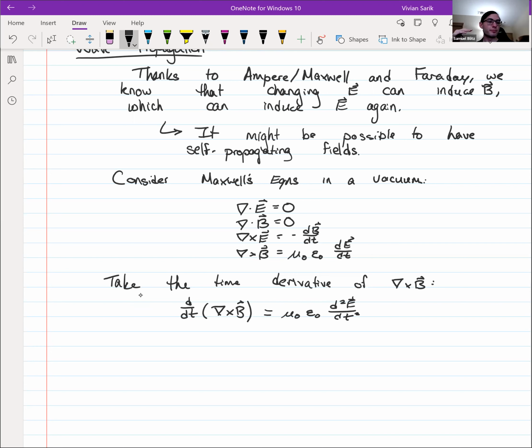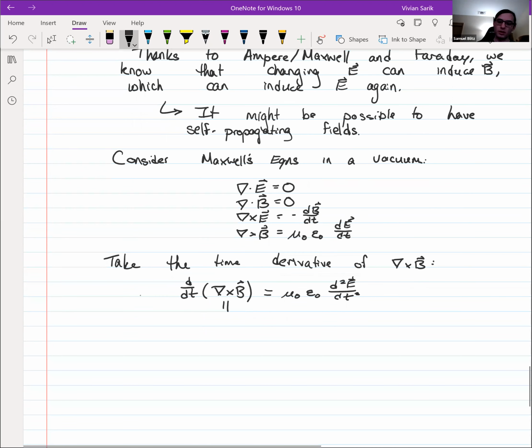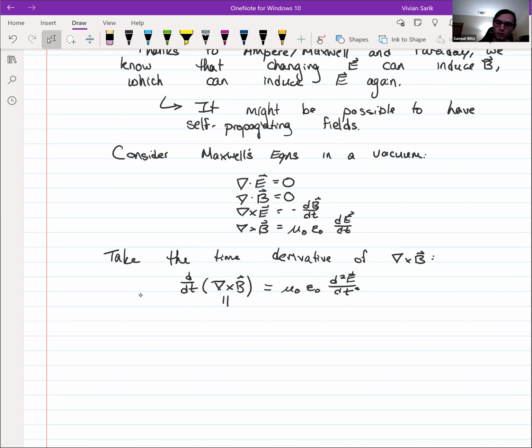Now, there's a little bit more that can be done. We also know that this is equal to the curl of the time derivative of B, and we know what the time derivative of B is.